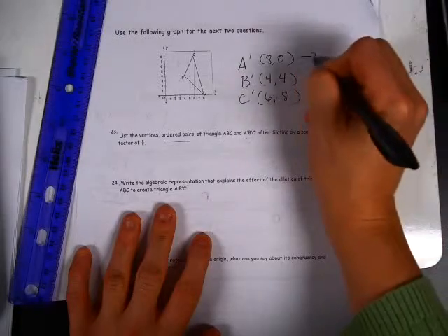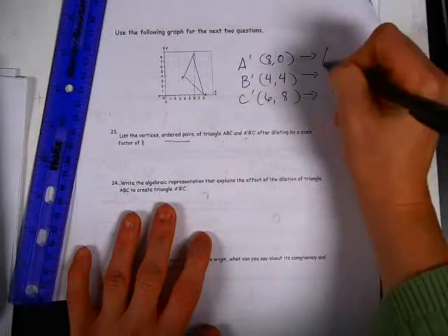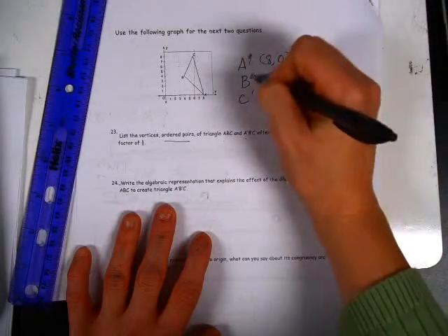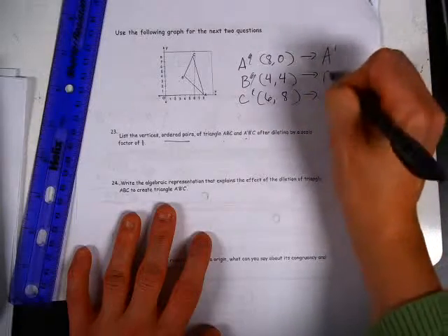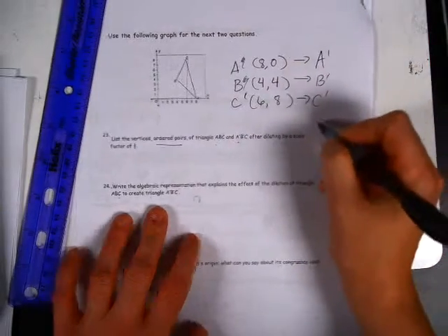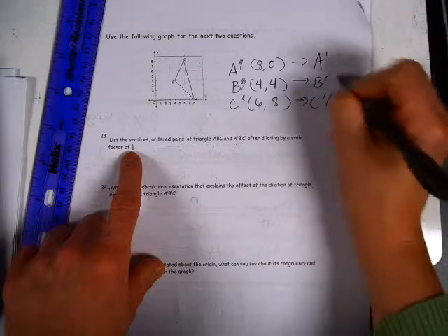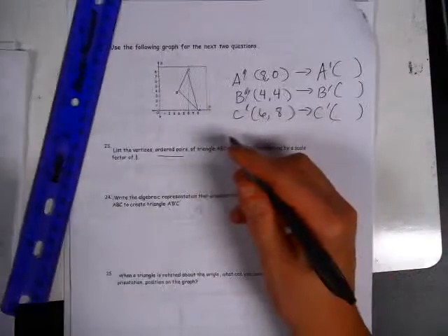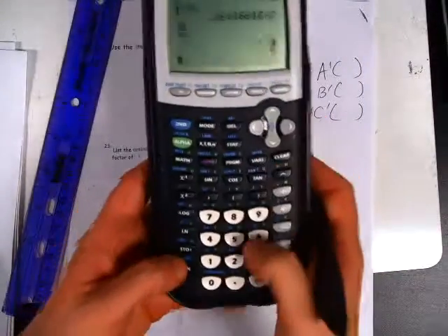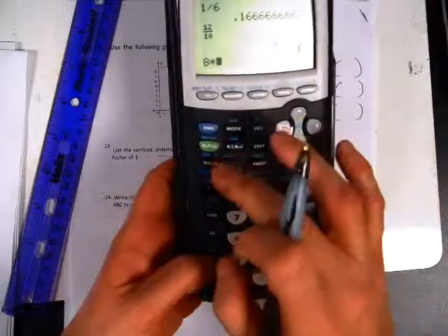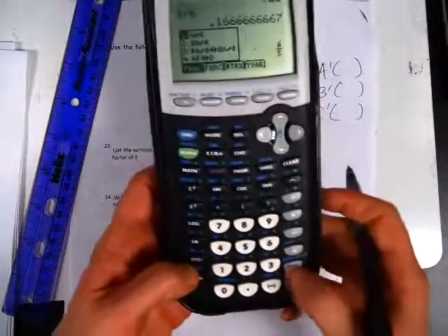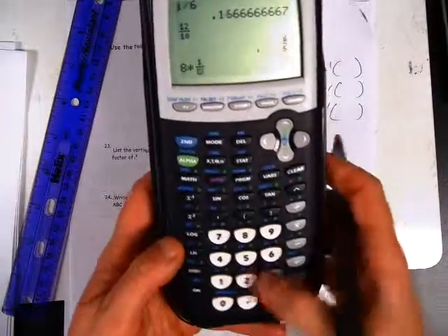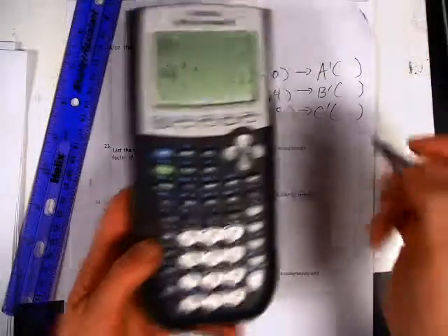Now, excuse me, those were just A, B, C. Now A prime, B prime, C prime. Alright, you have a scale factor of 1/2. So you have to multiply each number. 8 times 1/2, and you get 4.